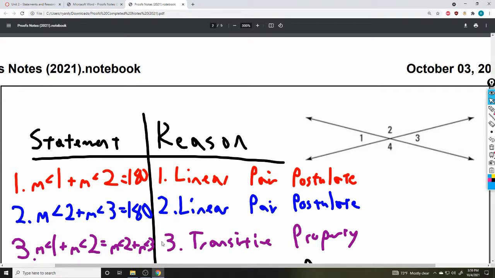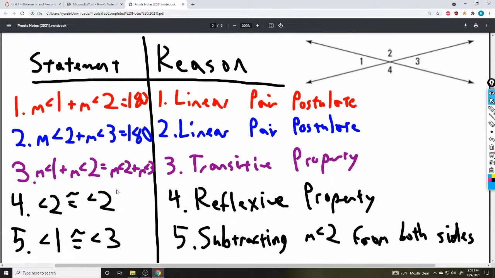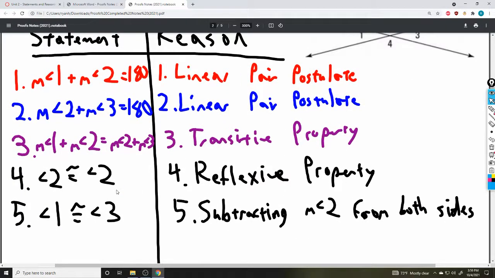That's why I put it in purple, because it came from the red and the blue statements mixed together. Now, since angle 2 is on both sides of the equation, it's equal to itself. That's the reflexive property. It says that something's equal to itself. Therefore, I can just subtract angle 2 from both sides and get angle 1 and angle 3 being the same.